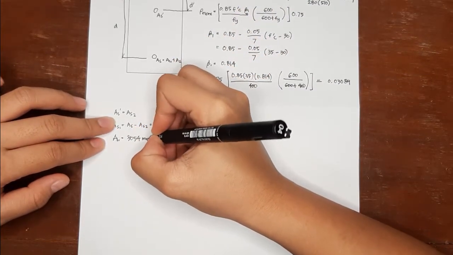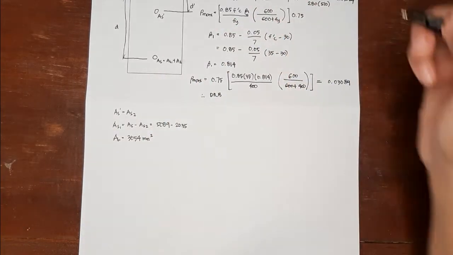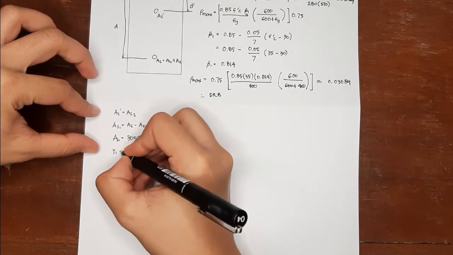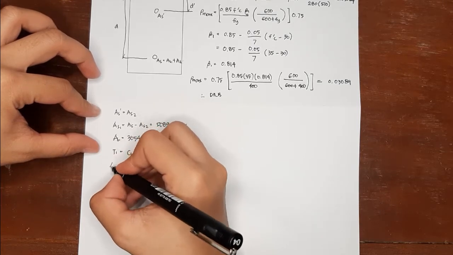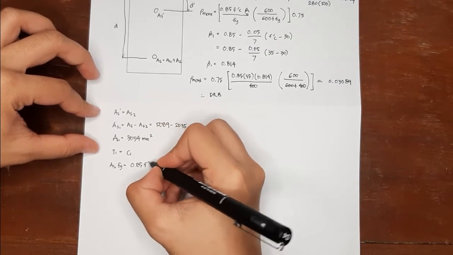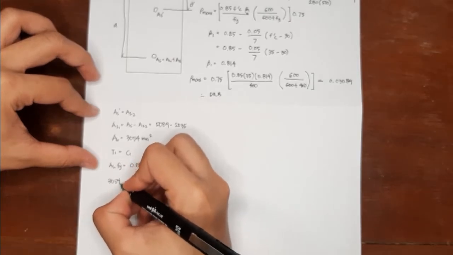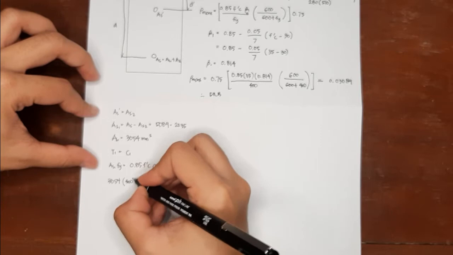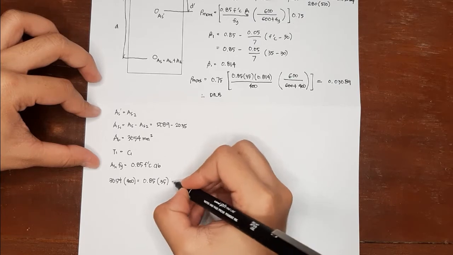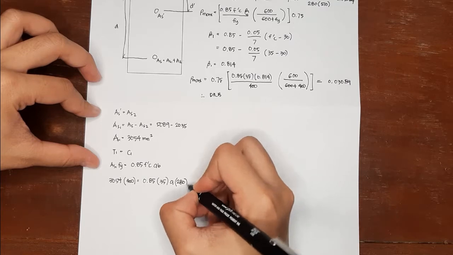So your AS1 is equal to 3,054 square millimeters. Okay, so having that, we can assume that your T1 is equal to C1, or this is AS1 Fy equals 0.85 F prime of C A B. So your AS1 is 3,054, Fy is 400, 0.85, your F prime of C is 35, your A, and your B is 280.